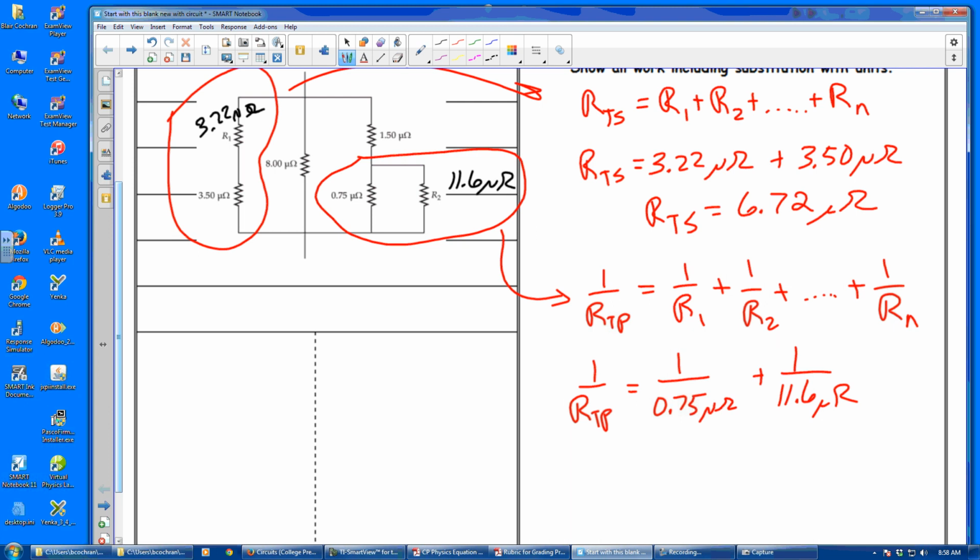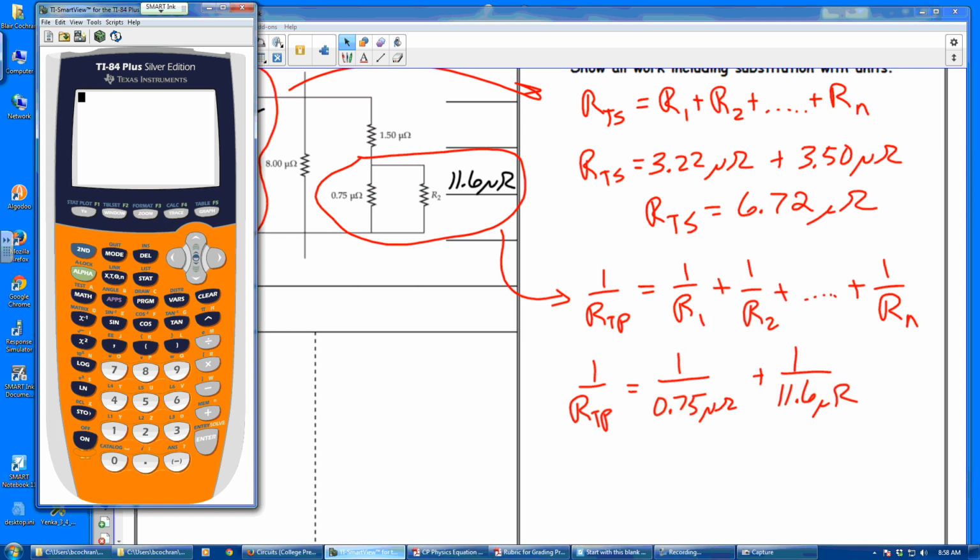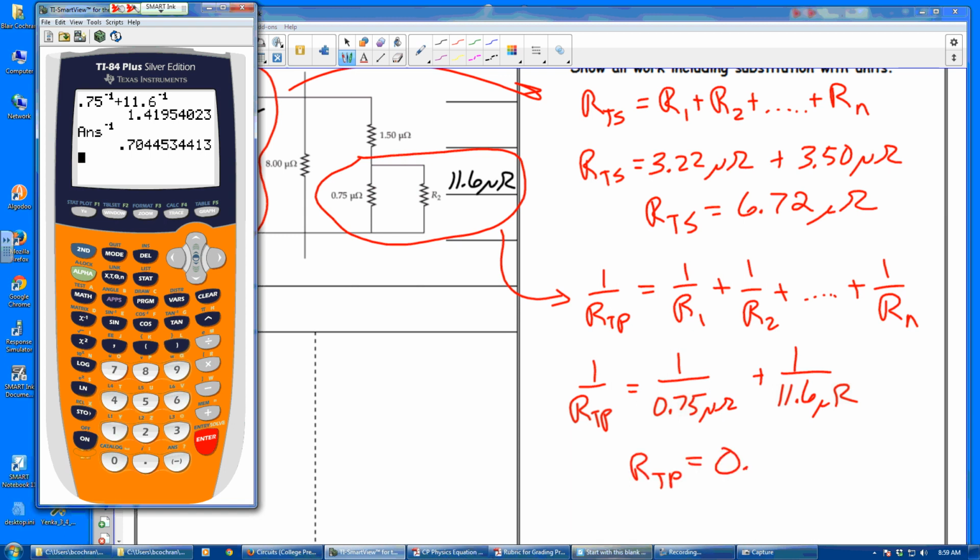And this, I can't do this one in my head, so I'm going to pull out my calculator and do 0.75 to the minus 1 plus 1 over 11.6. And then I don't want 1 over, I want my RTP, which will end up being 0.70445 microohm.